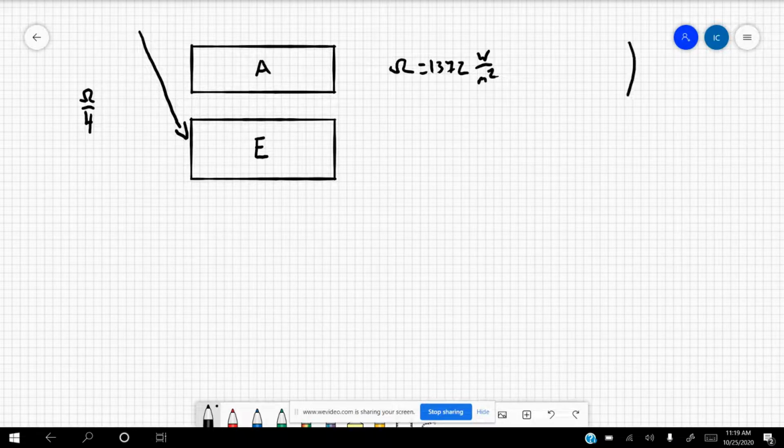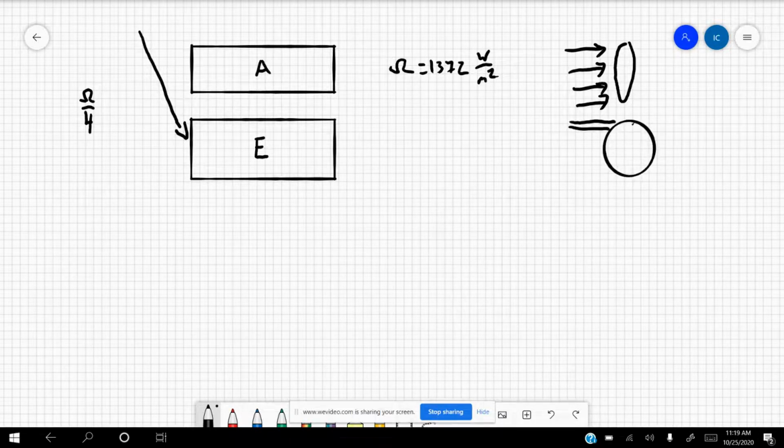If the Earth was shaped like a flat disk, and if we were only considering one side of that disk, every location on Earth would be receiving exactly 1,372 watts per square meter of power. However, the surface of the Earth is curved, and half the Earth is not receiving any sunlight at any given time. And when you average over the entire surface, each location is only receiving a quarter of the 1,372 watts per square meter of power.